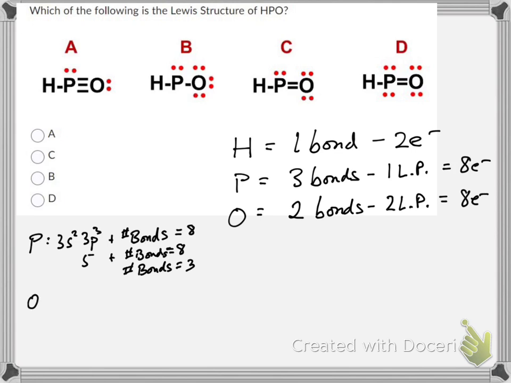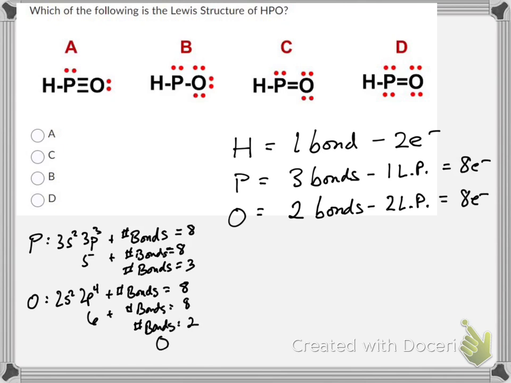If we do that with oxygen, this is 2s2, 2p4, plus number of bonds equals 8. So that means we'd have 6 plus number of bonds, so the number of bonds is 2.